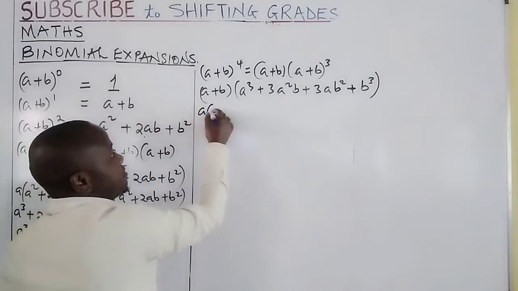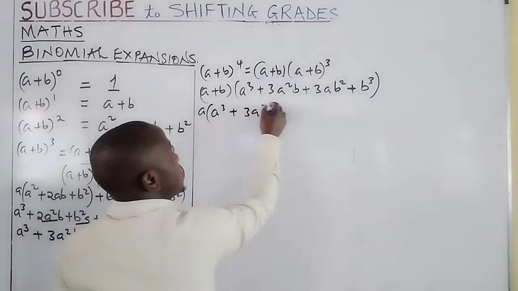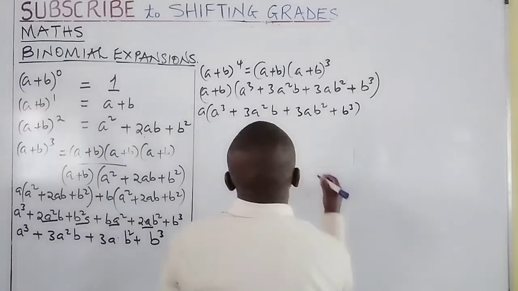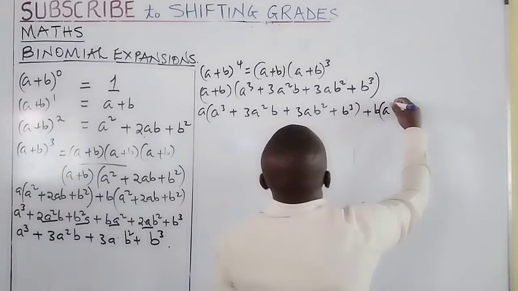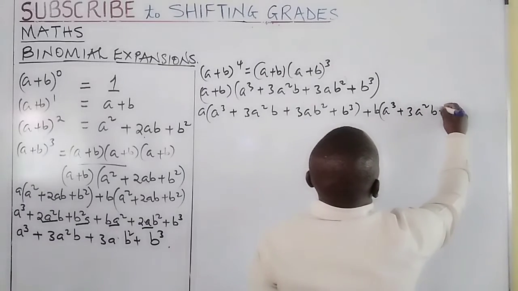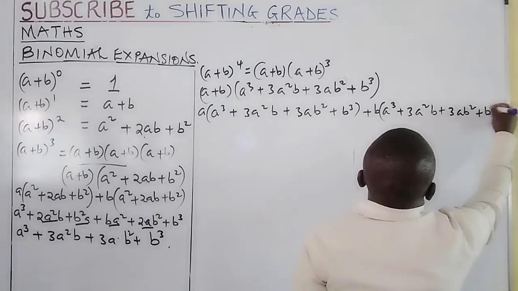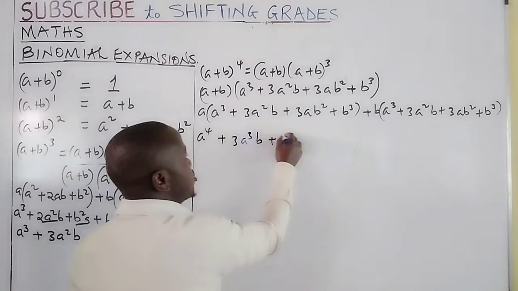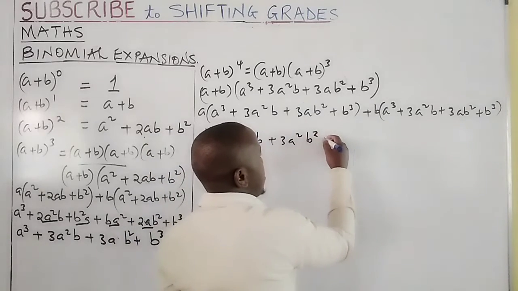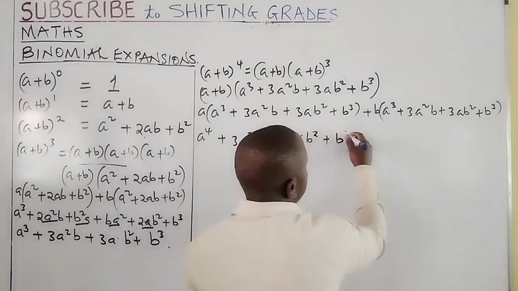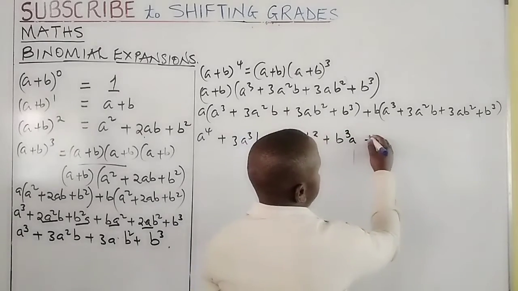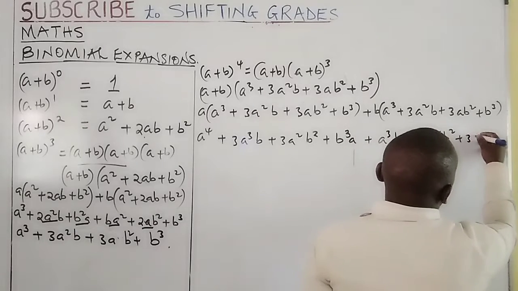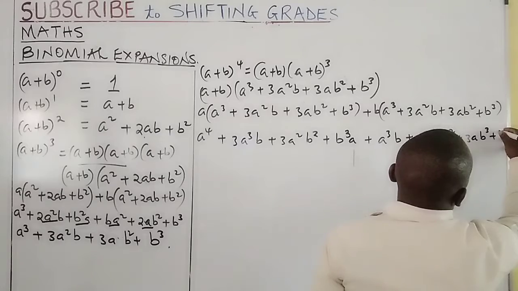When we multiply, we have a into everything, plus b into everything, giving a power 4 plus 3a cubed b plus 3a squared b squared plus a b cubed, plus a cubed b plus 3a squared b squared plus 3a b cubed plus b power 4.